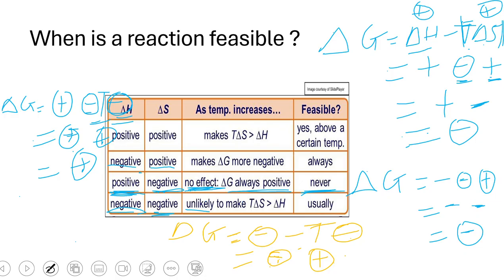So it is unlikely when the modulus of the T delta S is greater than this. The value will be positive, therefore it will be unlikely. So it will be feasible when this one is greater than that. So that's the summary and that's it.